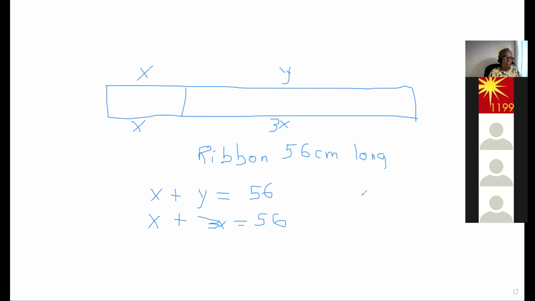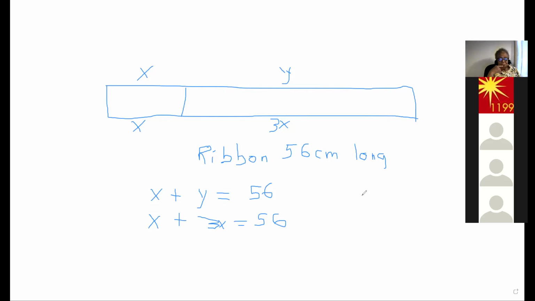If I call one piece X and one Y, X is one piece, and 3 times X, the longer piece, is the Y piece. So if I add those up, I get 56. So which system of equations could be used to find the length of the shorter piece? X plus Y is 56, and 3X equals Y.